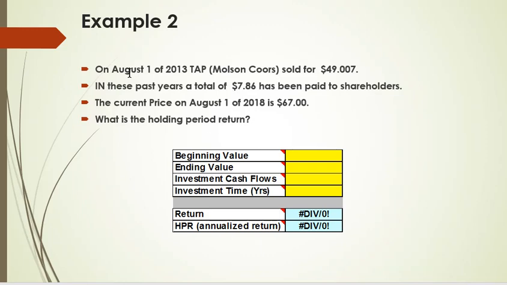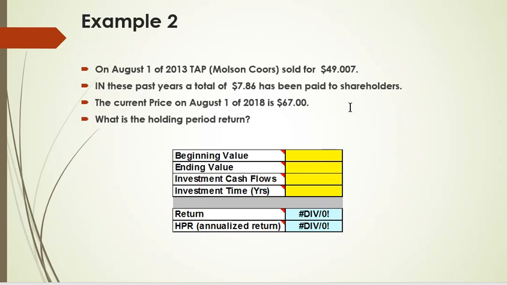So on August 1st of 2013, Coors sold for $49.07. In these past years, a total of $7.86 has been paid to shareholders. And the current price on August 1st of 2018 was $67. So using the worksheet, again, if you have this worksheet open, we need to determine what is the return and what is the holding period return.